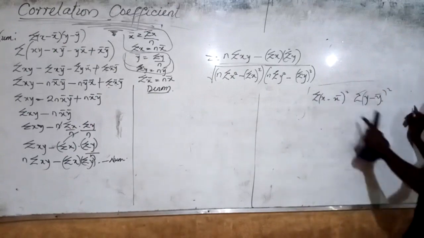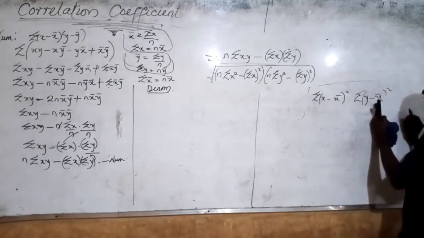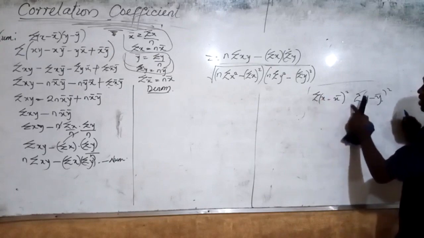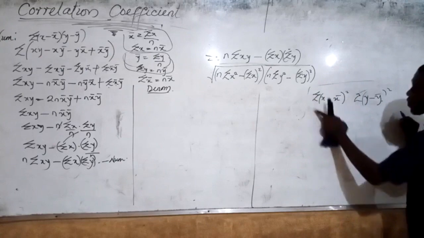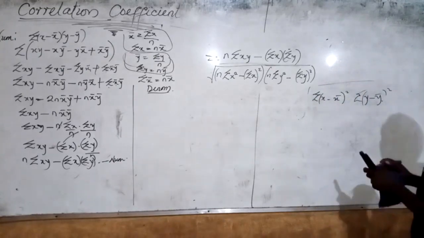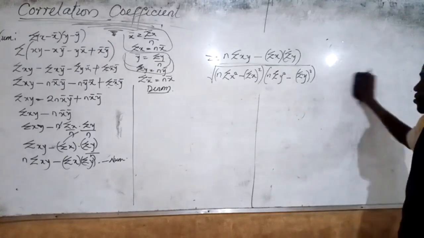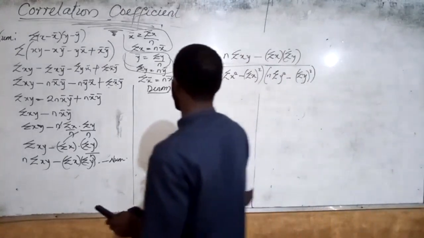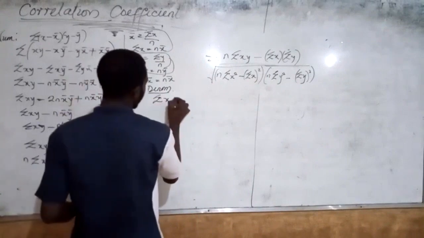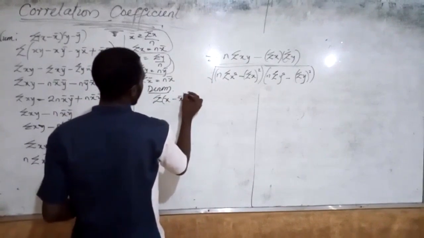So it definitely means that since x and y take the same form here, whatever expression we are able to derive for x is the same expression that will go for y. Alright, so we'll be solving for only x, summation of x minus x bar all squared.